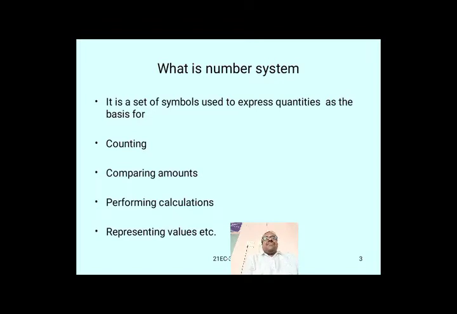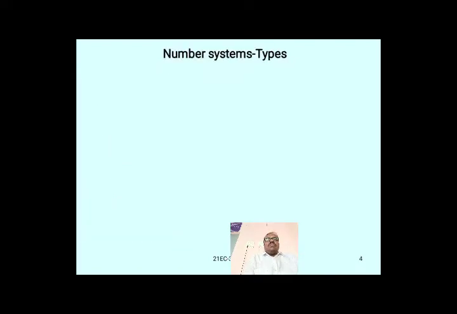These are the different quantities we want to judge. First one is counting, then comparing amounts, performing calculations and representing values. These are the different types of symbols we are using in the number system.